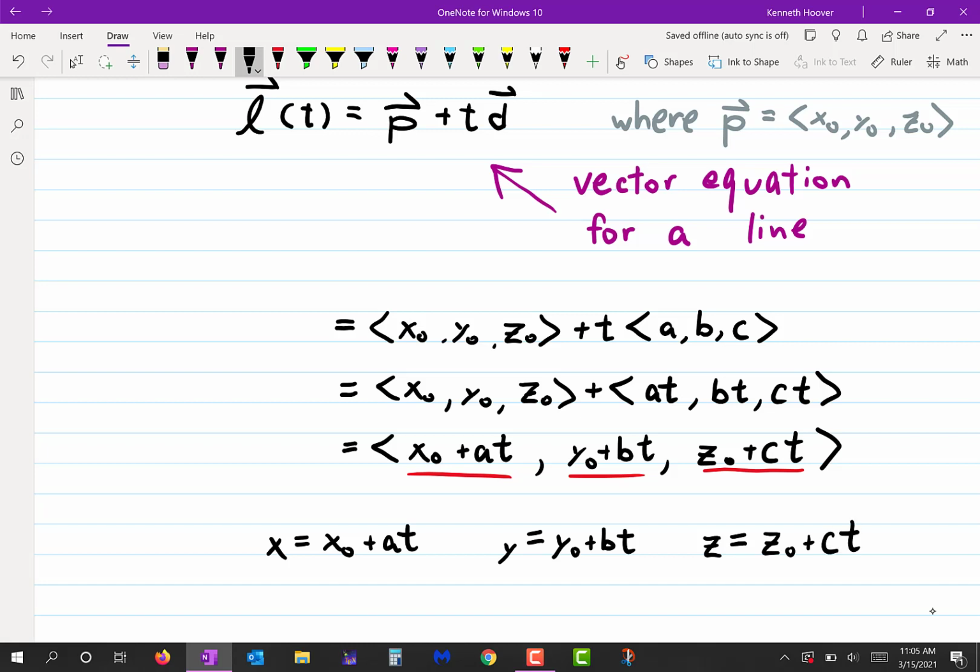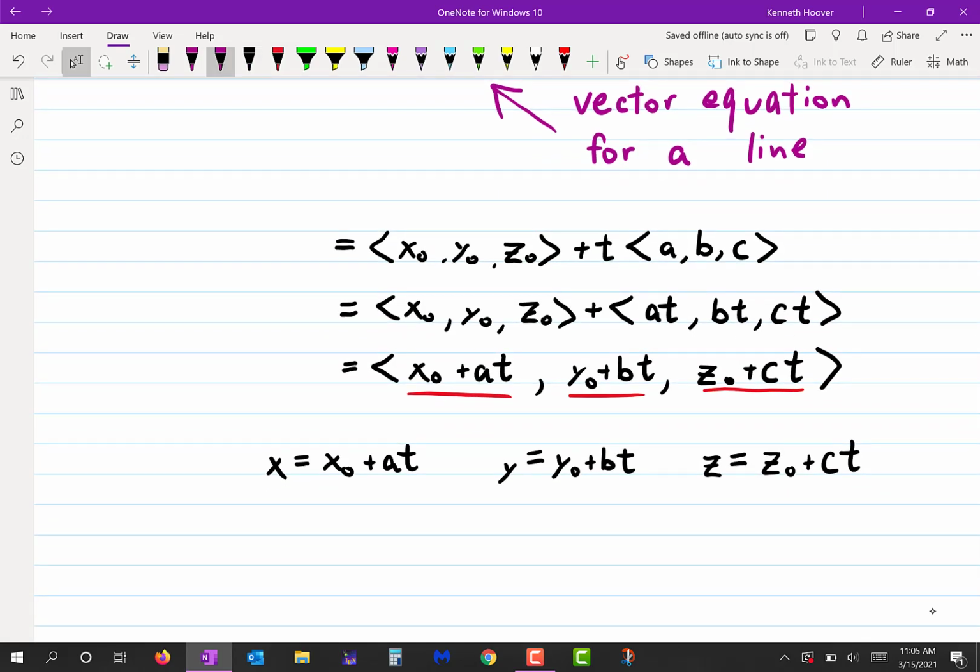Okay, and those are called symmetric equations for a line. Sorry, I take that back. I'm using the wrong word. Those are called the parametric equations.